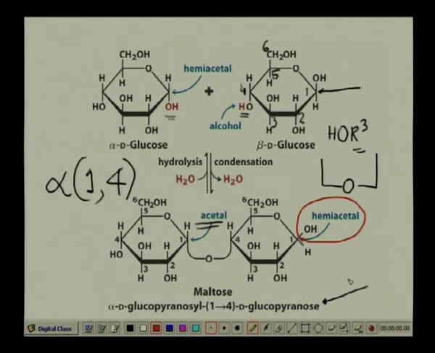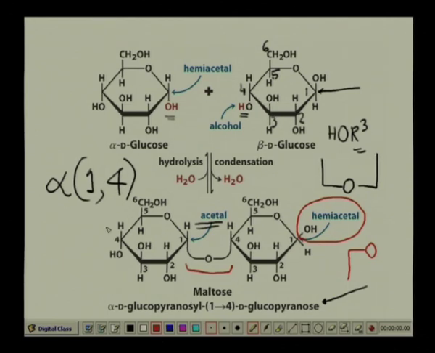So, the linkage is going to be something like this, and we do not know what the other one is. It could be either up or down, but this is beta, this is alpha. Is that clear? This is about the glycosidic linkages in the formation of disaccharides.